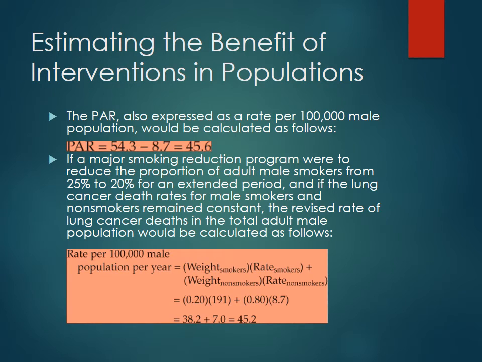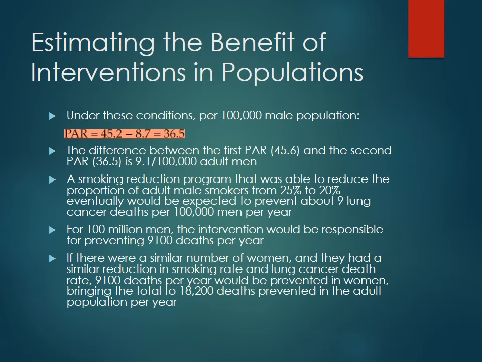So we can take this and start to make some comparisons now between the 25% rate of smokers versus the 20% rate of smokers. Under these conditions, you end up seeing the PAR in this situation with the new number would be 36.5. So the difference between the first PAR of 45.6 and the second one of 36.5 is 9.1 per 100,000 adult men.